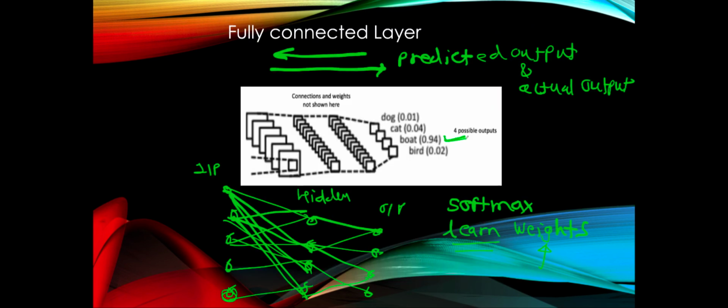Now for text, the method is exactly the same. The only difference in this particular case is instead of a 2D array of pixels, here we use a 1D array of words, right?